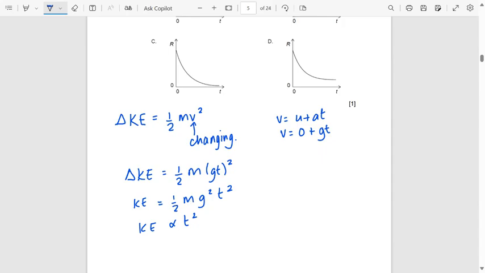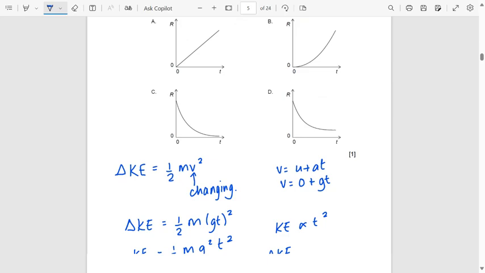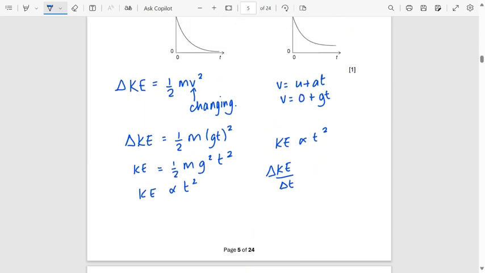So, we know that kinetic energy is proportional to t squared, but we're talking about the rate of change. So, rate of change, this bit here, is kinetic energy per second. So rate of change means kinetic energy divided by time.